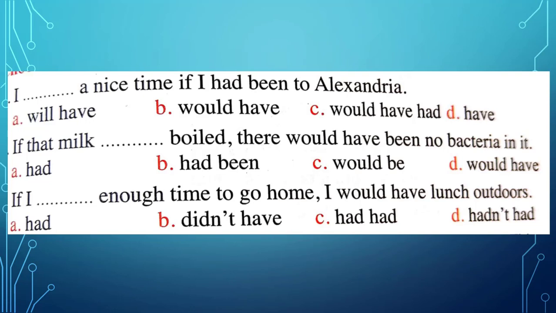I space a nice time if I had been to Alexandria. Will have, would have had, have. And as you see, after if, I had been, so you use I would have had.